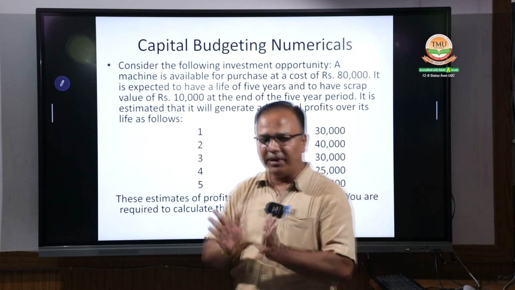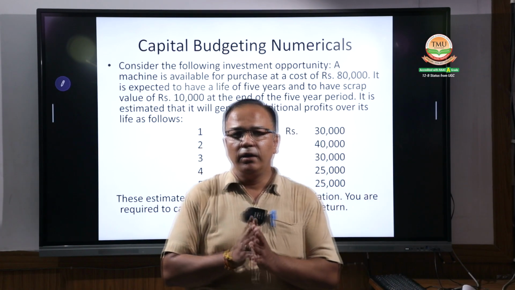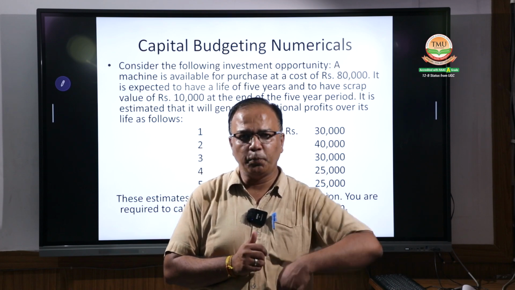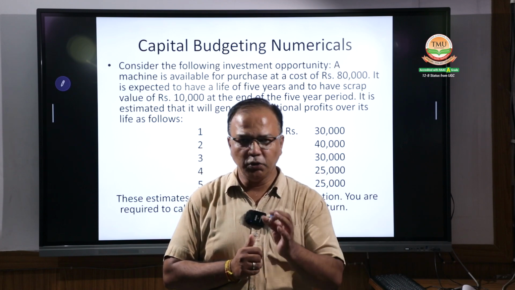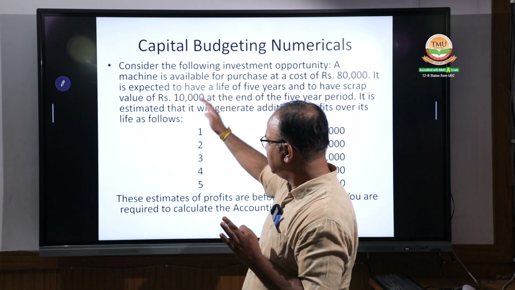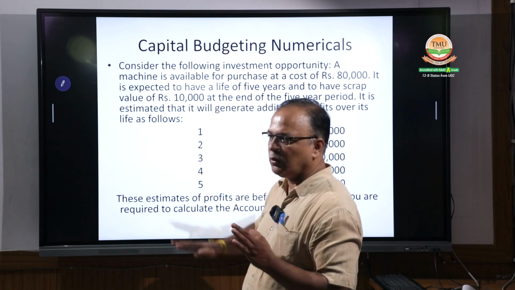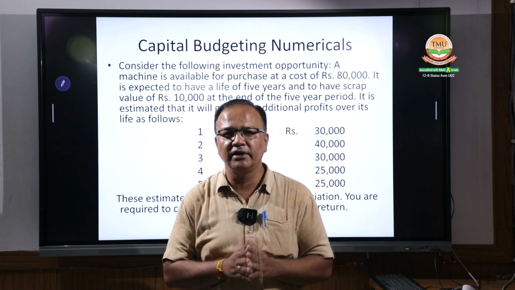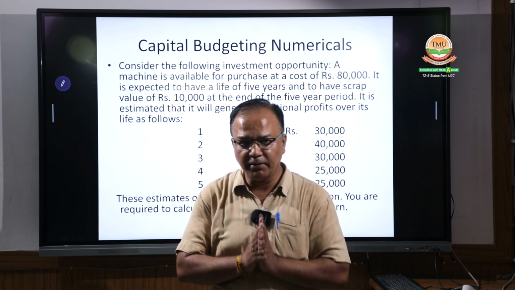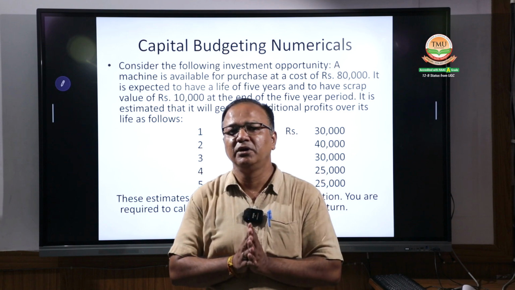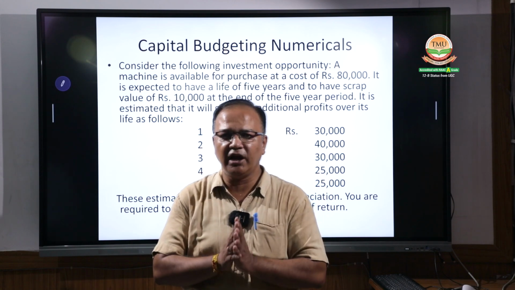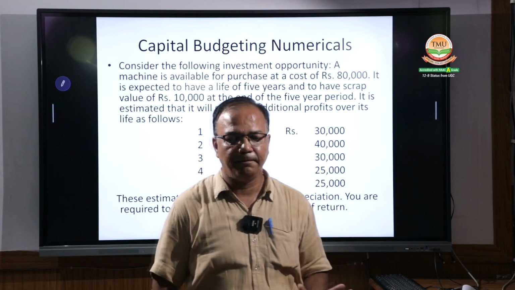It is PBDIT. Now, whenever you have to convert PBDIT into PAT, you need an amount of depreciation. And the question, the method to calculate depreciation is not given. If the method of calculation of the depreciation is not given the question, we simply assume that the company is using straight line method of depreciation.